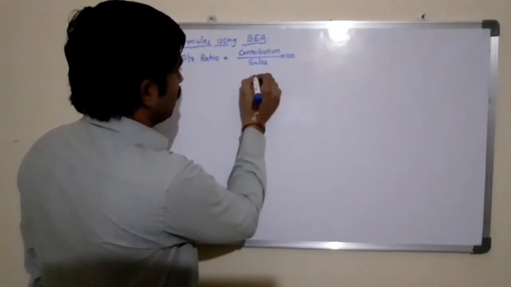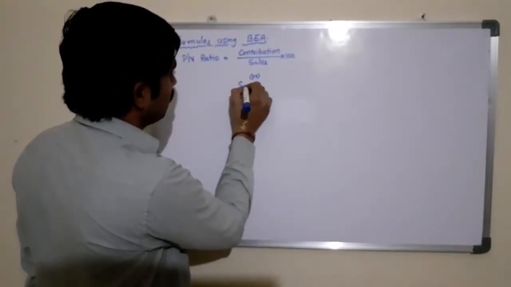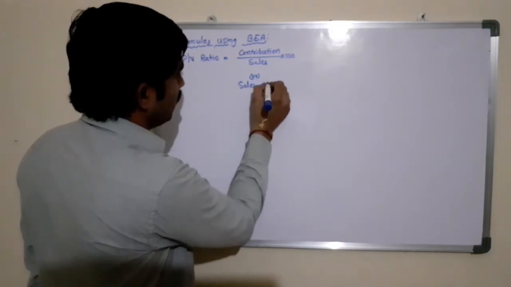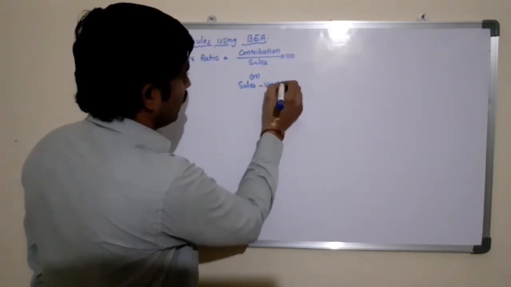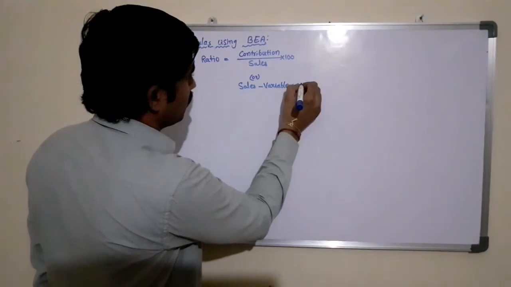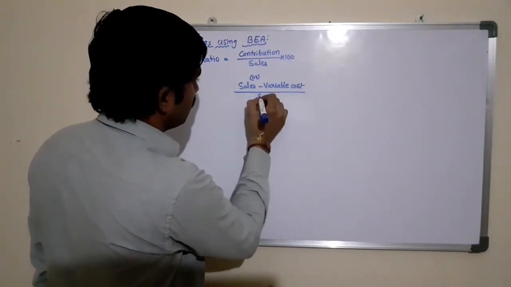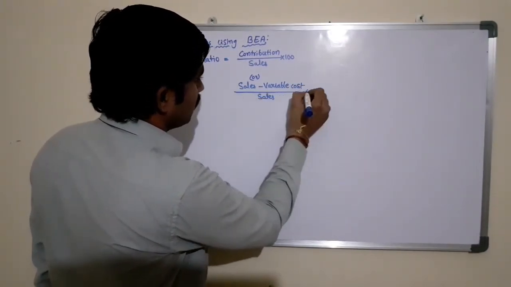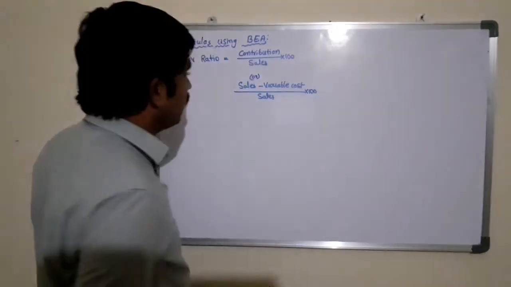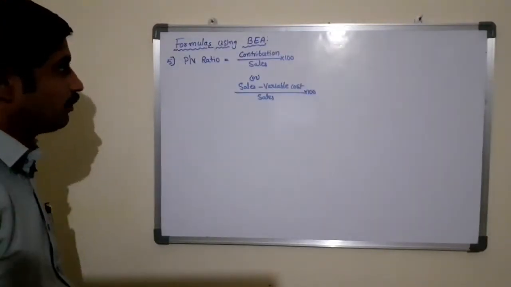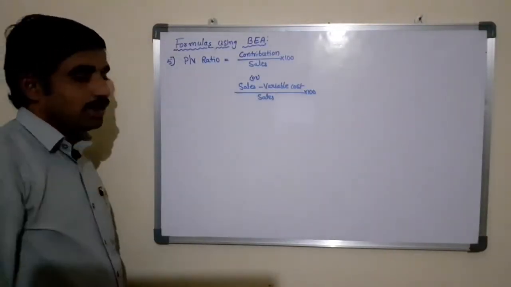What is contribution? Sales minus variable cost by sales into 100. Any one of these formulas you can apply in order to determine the PV ratio, profit volume ratio.